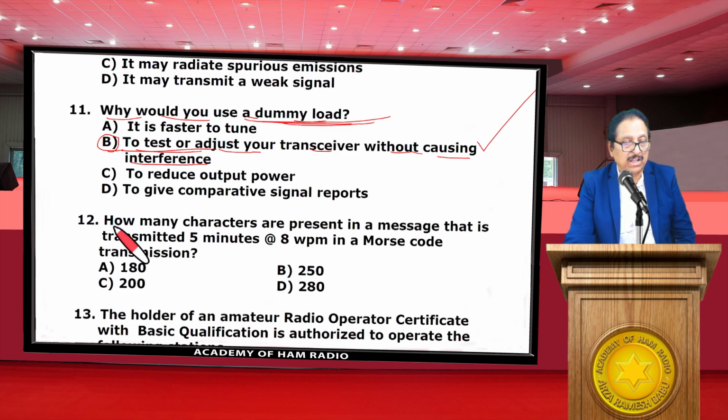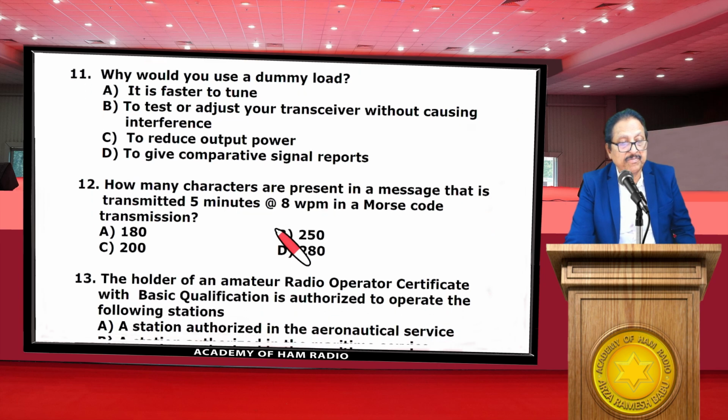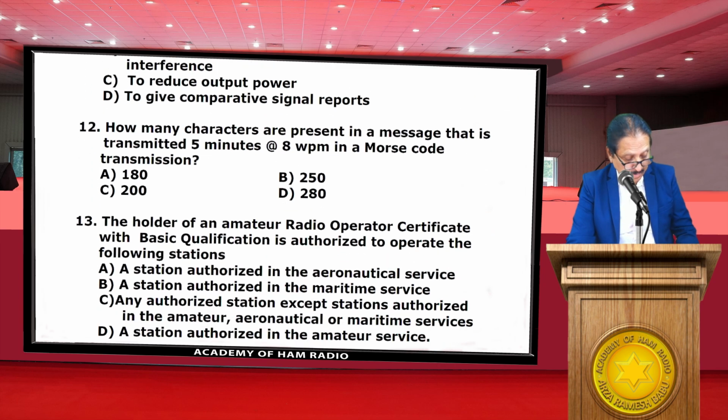Right answer. How many characters are present in a message that is transmitted for 5 minutes at 8 WPM in Morse code transmission? So 5 minutes, 8 WPM. 8 words per minute means 8 into 5, 40 characters.